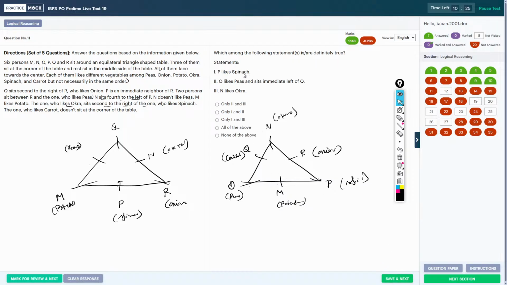Definitely true. P likes spinach. O likes peas. And immediate left of Q, no. N likes okra, only 1 and 3.